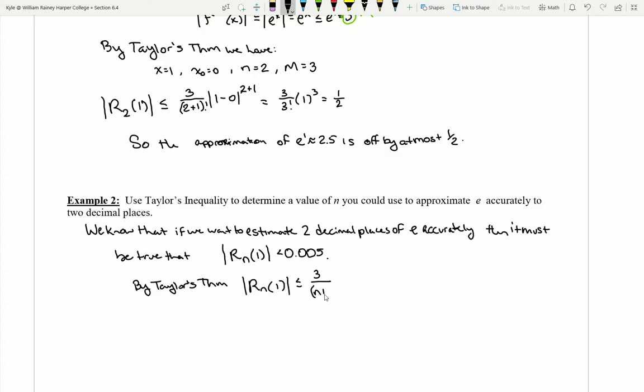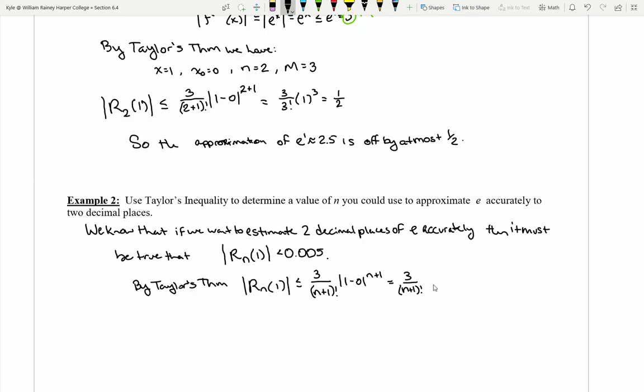We could have that as 3 over n plus 1 factorial. I'm not sure what n to choose yet. And then I can still do 1 minus 0 to the n plus 1 factorial. Now if I simplify that down, I still get 3 over n plus 1 factorial, because this over here is just going to be 1 to a power, and that's still just going to be 1. So this is what I know the remainder is bounded by. I just have to choose a value of n.